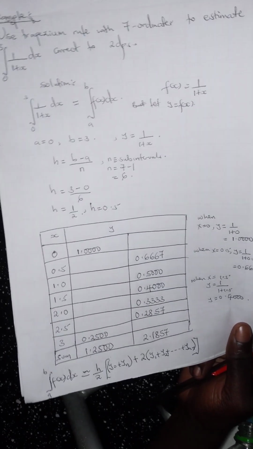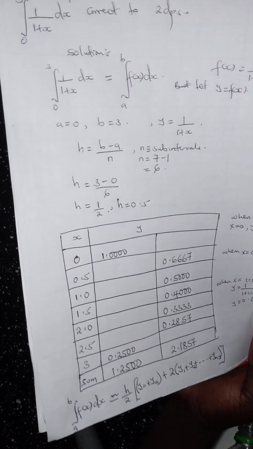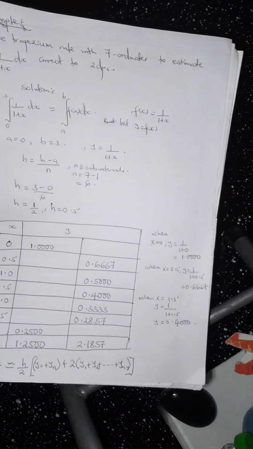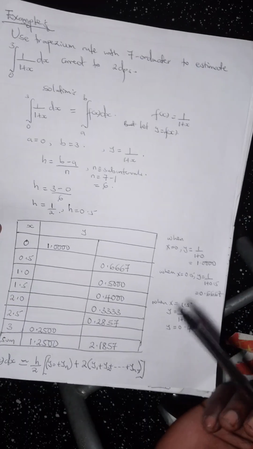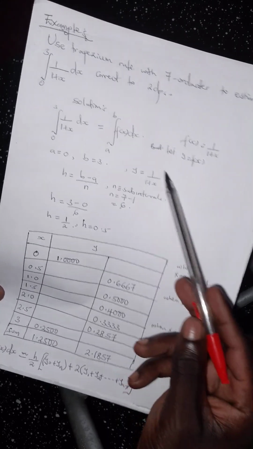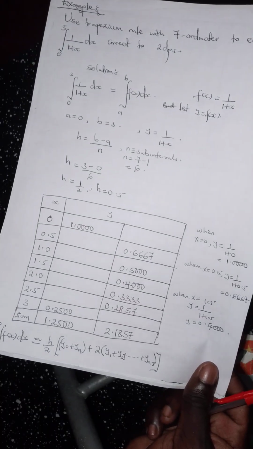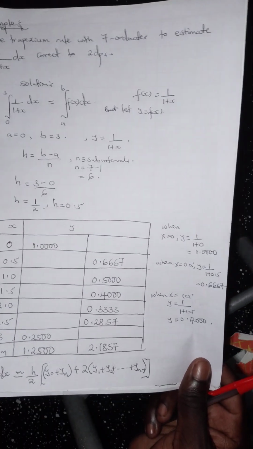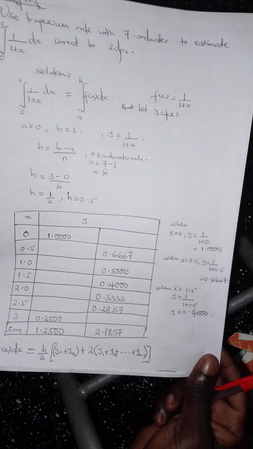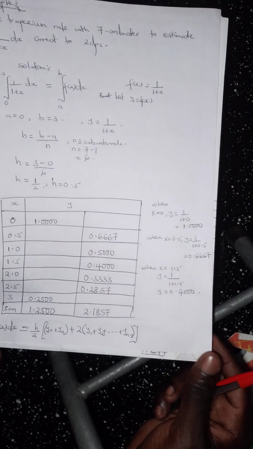And if your function of x does not contain any trigonometric expression, for example, this one, it is free from any trig expression, it means you can leave the calculator in the mode of degrees. So ours does not contain any trig function, and therefore we shall use our calculator in degrees.